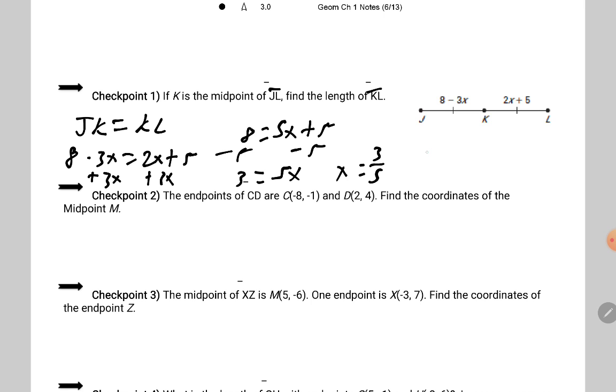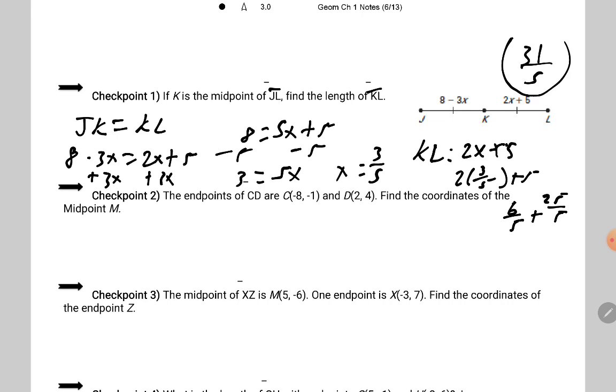So then they want to know KL, so KL, remember, is 2x plus 5. So I'm going to do 2 times 3 divided by 5 plus 5. So I'm going to get 6 over 5 plus 5. And that changes into 31 over 5. So up here, that is the length of KL. A little bit over 6.